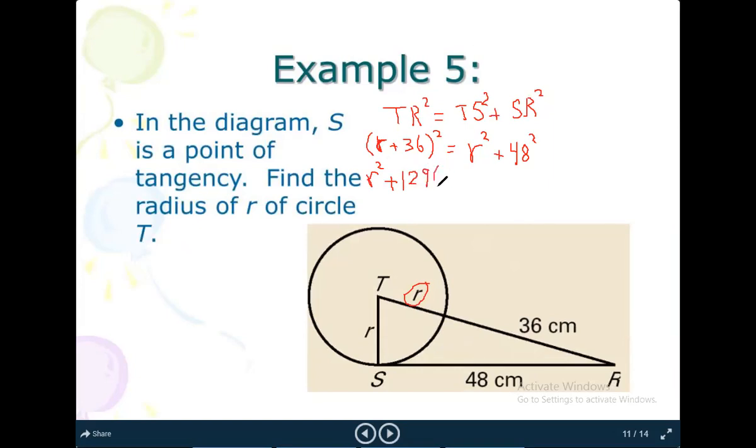And then I will multiply all times 2. It will be 72R. So we said that this one is a perfect square number and we want to expand it. So we will multiply R times itself, it will be R square. 36 times 36, it will be 1,296. First times second times 2, it will be 72R.